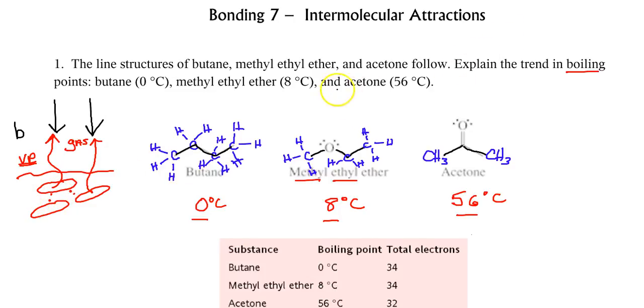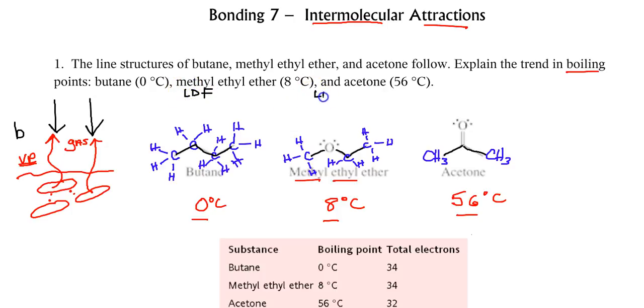But that's not enough here. Really, what these questions are after is, in terms of intermolecular attractions between the molecules, explain why. So the first thing I would say is that all three of these have a cloud of electrons. So these all experience LDF forces, London dispersion forces.